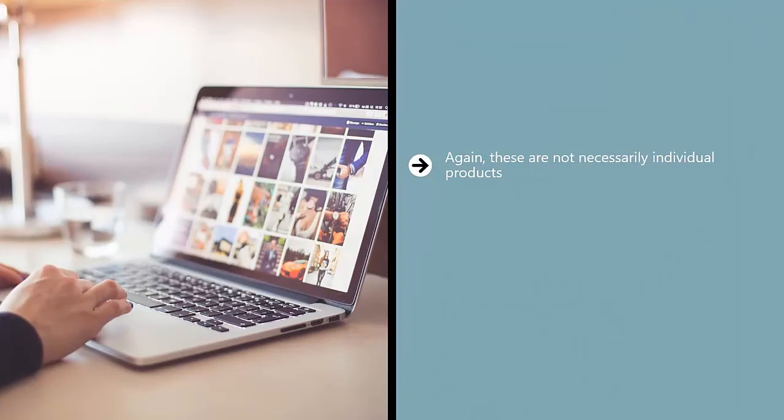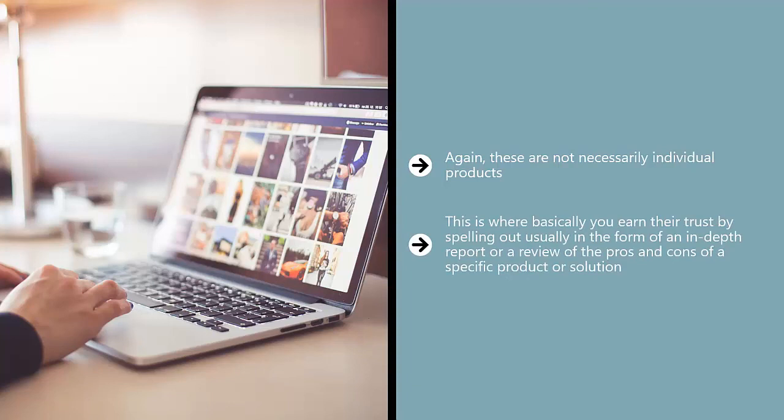Again, these are not necessarily individual products. These can be just different ways to purge your dog. You can compare the different ways of purging your dog. There's a 100% organic way, and then there are the traditional chemical ways, and so on and so forth. You compare these to highlight to the reader that you can be trusted because you know enough to be able to compare, and then you suggest a specific solution, and when they click through to that, they end up in a trust page.